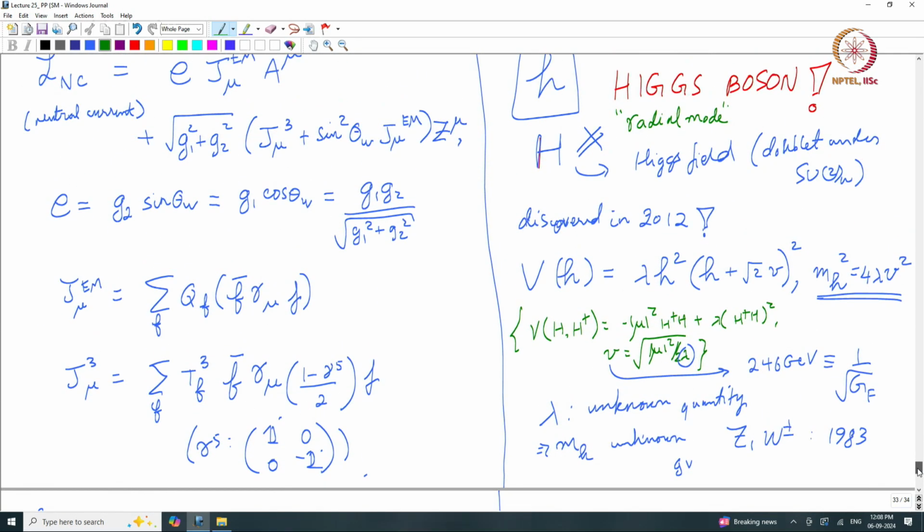And we saw that the mass of the Higgs boson, when you write down the potential for just the Higgs, depends on this quartic coupling, which we have no idea about. Well, now we do, but before the Higgs was discovered people had no idea about it. It was a free parameter, and that is one main reason why it took people so long. The Higgs boson was proposed in 1964 by Peter Higgs, but it took until 2012 to discover it, just because we did not know what the lambda was.